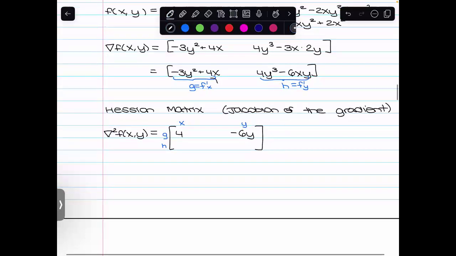But you can also just call them f prime x and f prime y. So let's write that here. So this represents f prime xx, f double prime, sorry, xx.